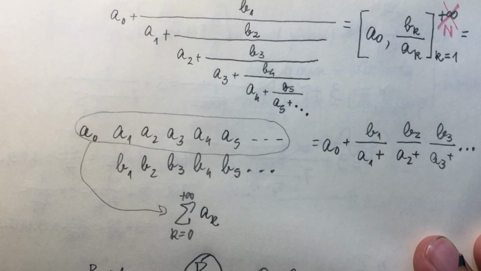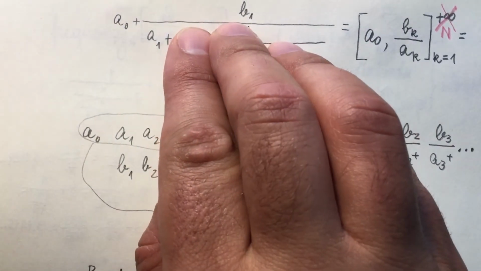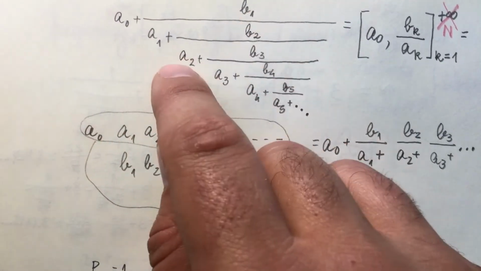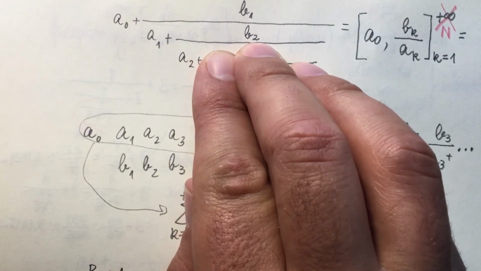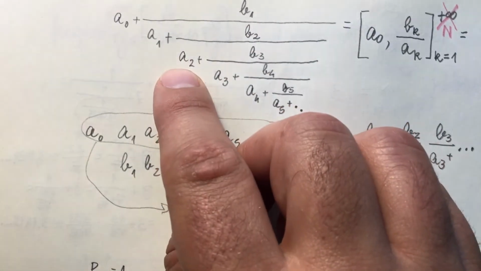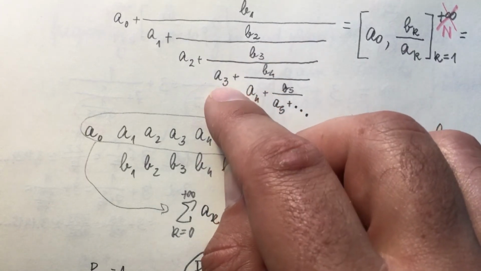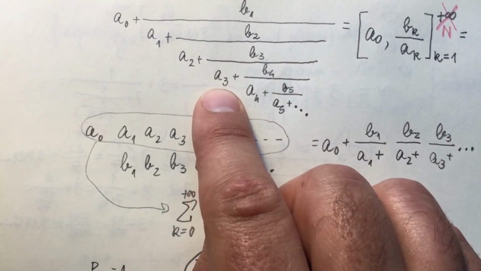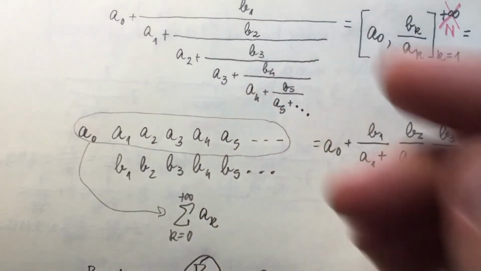It means, for instance, that if I only got as far as this, I will now add to a1 b2 divided by a2. If I had got as far as this, I would now add to a2 a new term, b3 over a3. If I had got as far as this, I would add to a3 a new term, b4 divided by a4, and so on and so forth.